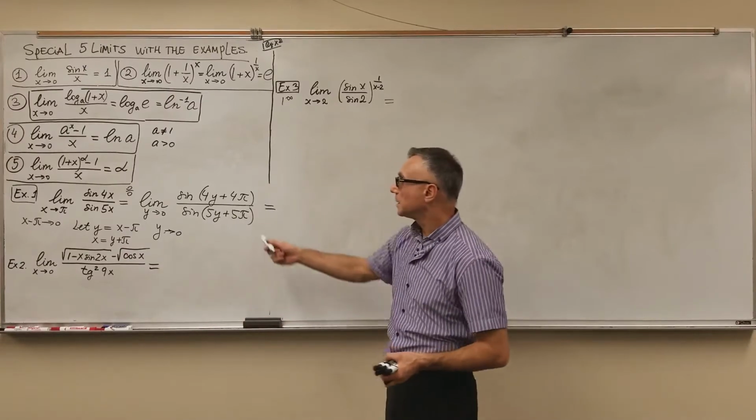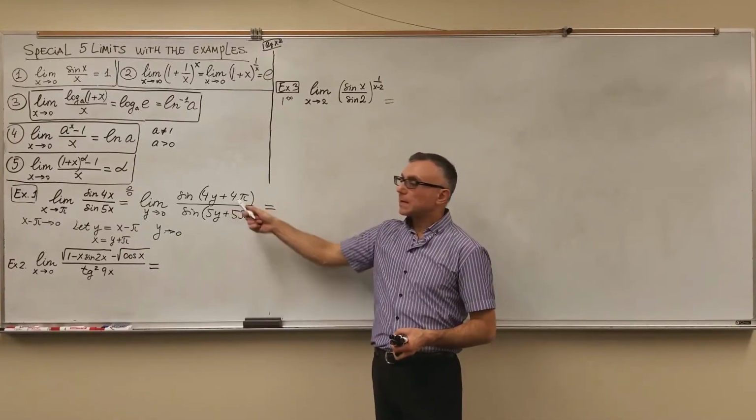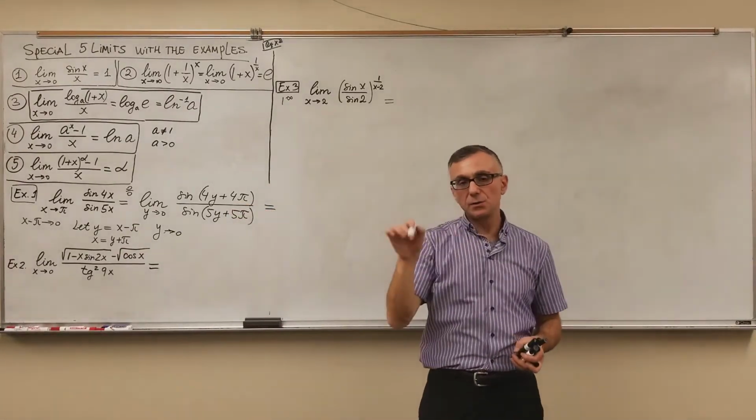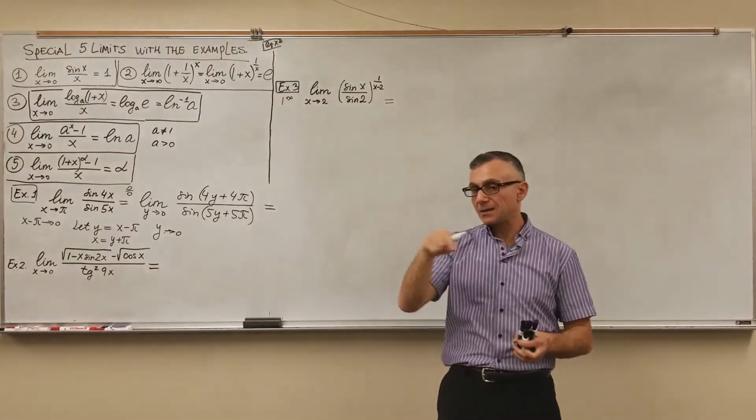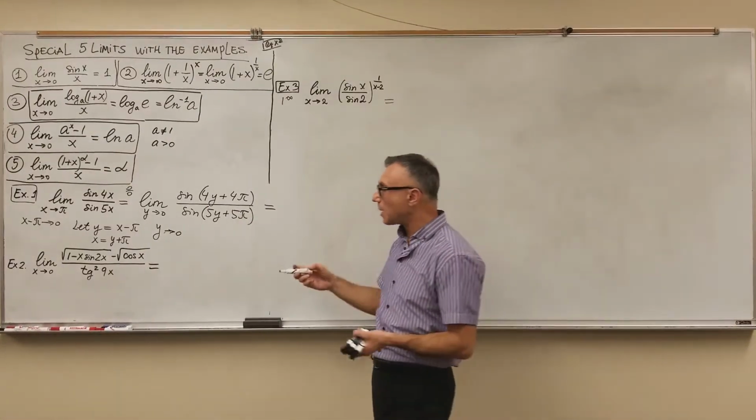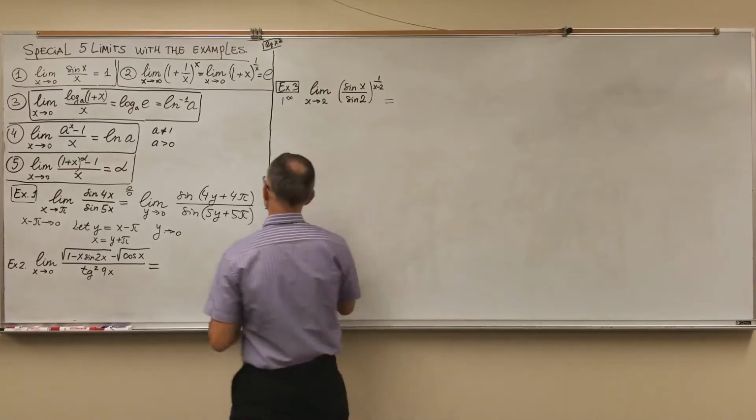now let's simplify it. 4y plus 4 pi is exactly 2 complete circles. You wind up at the same point, so we can just drop it. 2 complete cycles.